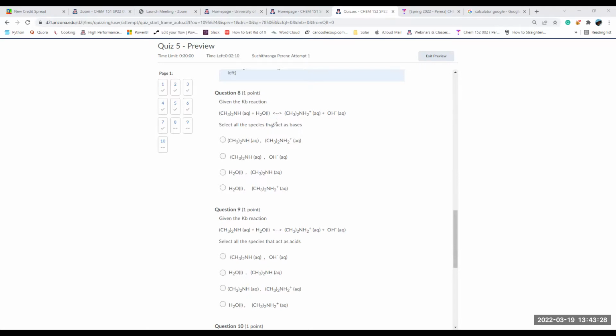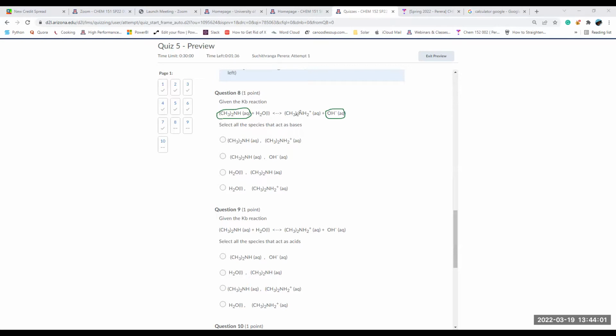For that reason, we can say that this definitely is a base. It is accepting a proton from H2O. On the other hand, the other species that can act as a base is OH minus. OH minus can accept a H plus ion, which makes it a base. When it comes to the other species over here, this is called the conjugate acid.